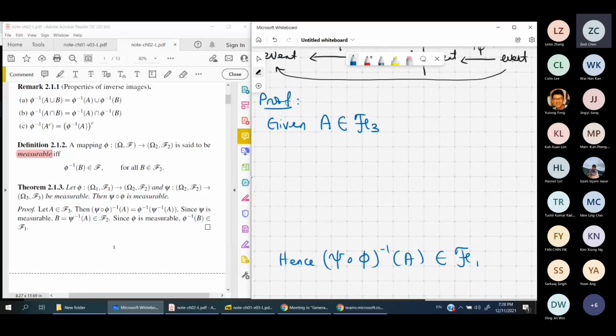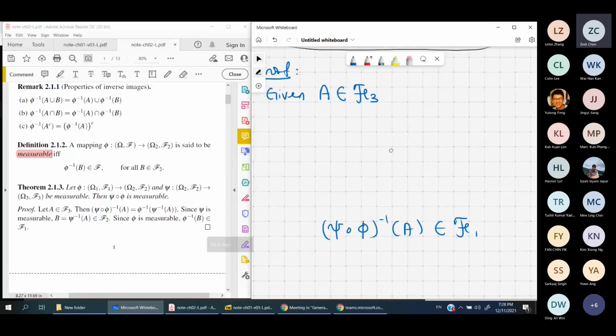If you begin from here, we get this. If we begin from here, we get this. In the middle, you try to come up with your explanation why you can go from this step to this step. If you are able to go from this step to this step, then by the definitions, you can claim that.